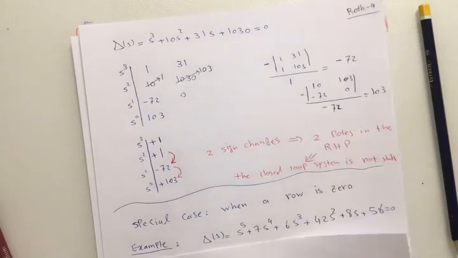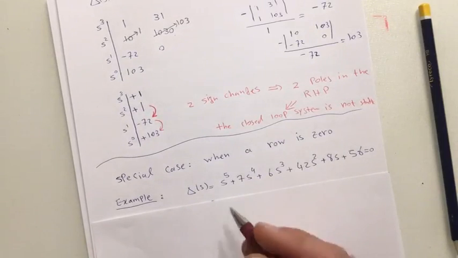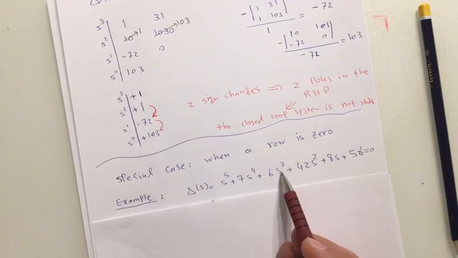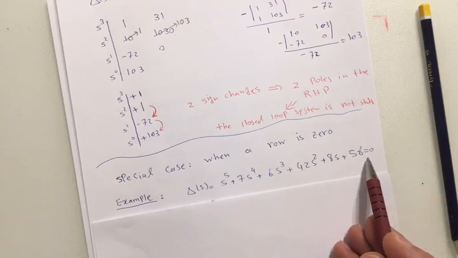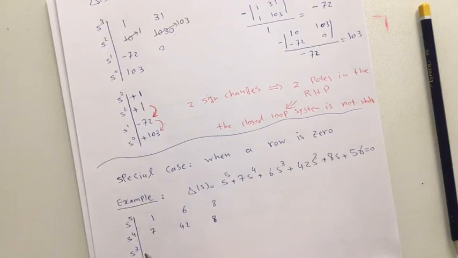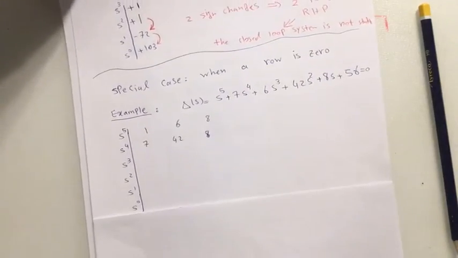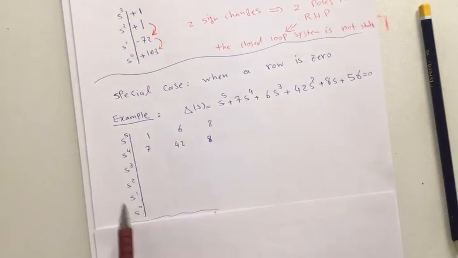As an example, suppose that we have a characteristic equation given as below: s to the power 5, plus 7s^4, plus 6s cubed, plus 42s squared, plus 8s, plus 56 is equal to 0. If you want to form the table, as we talked before, we have a table starting from s to the power 5, and then the power goes down all the way to 0.